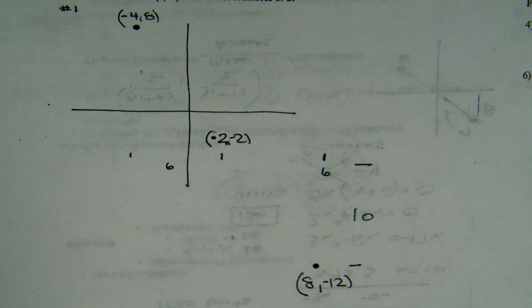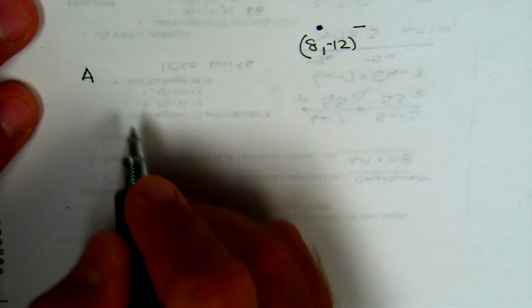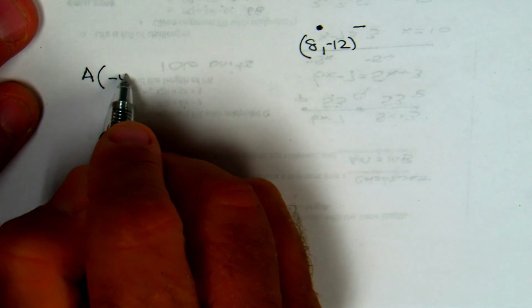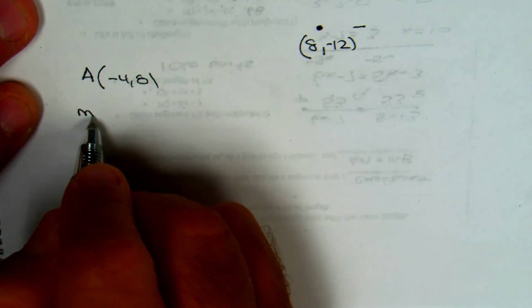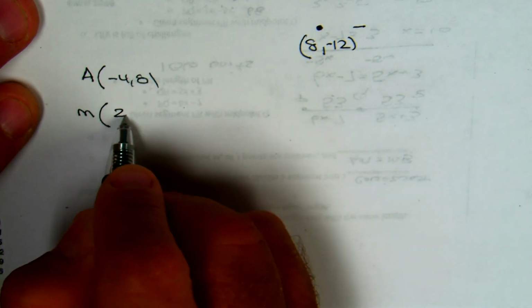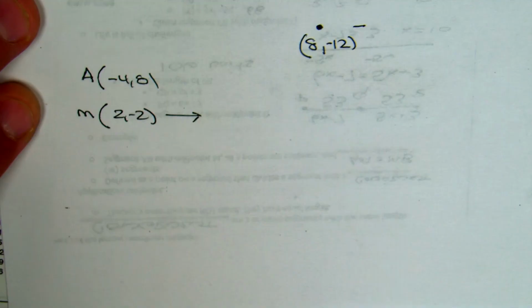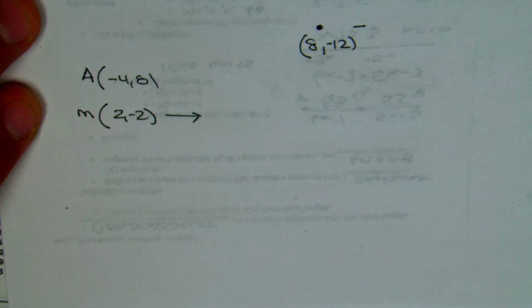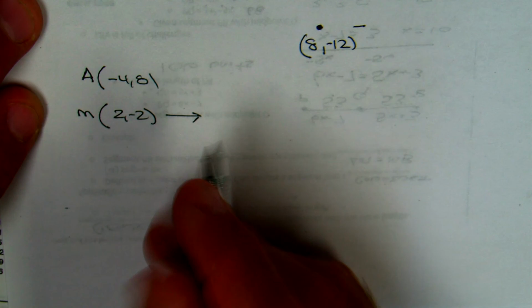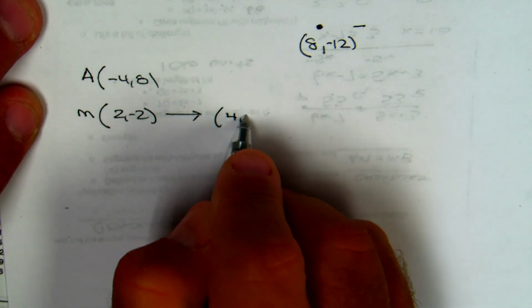Now, for those of you that like to do it without the visualization, we'll take the same problem. So now we have A, the endpoint, is (-4, 8). And M, the midpoint, is (2, -2). Basically what we're going to do is take the midpoint and multiply its coordinates by 2. (4, -4).